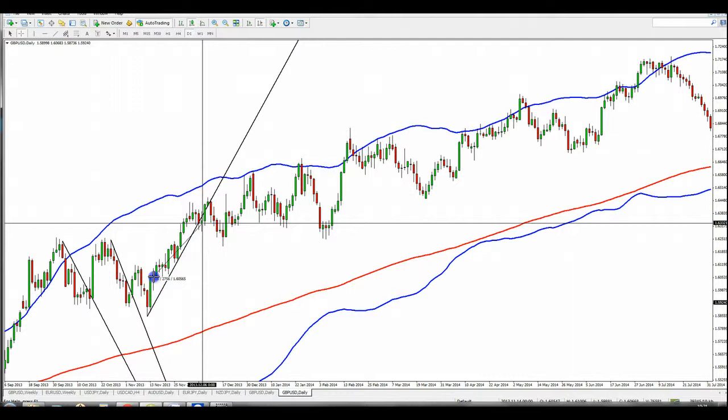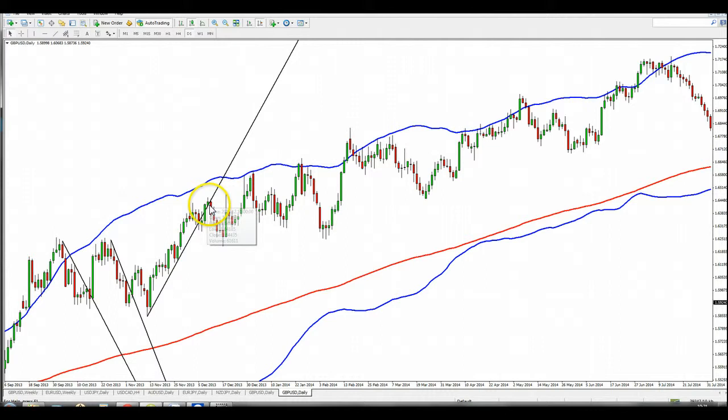Now in this case we'd have exited on a 275 pip profit, which is okay. Price went up a little bit more, came back down, went up a little bit more, but coming down in price is perfectly okay. I'll show you why. So let the market fluctuate, don't always stay in for the long term.